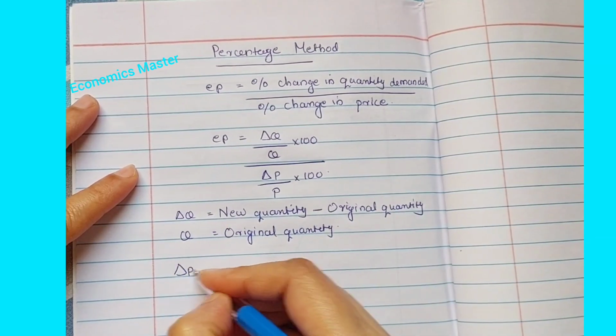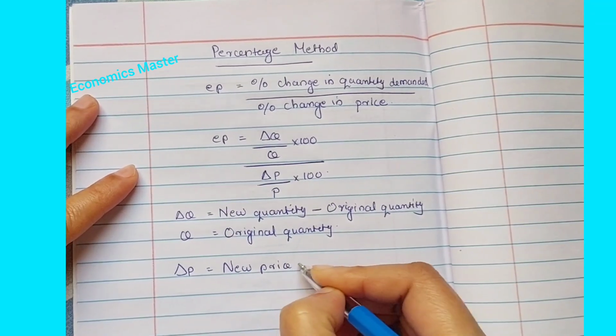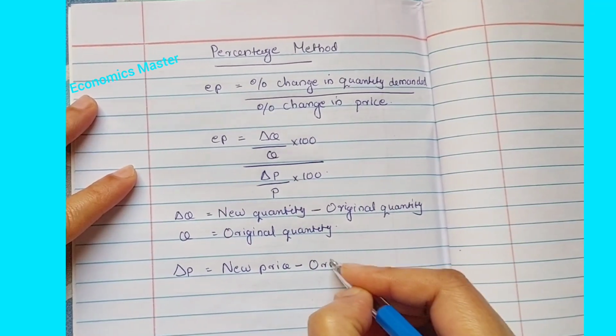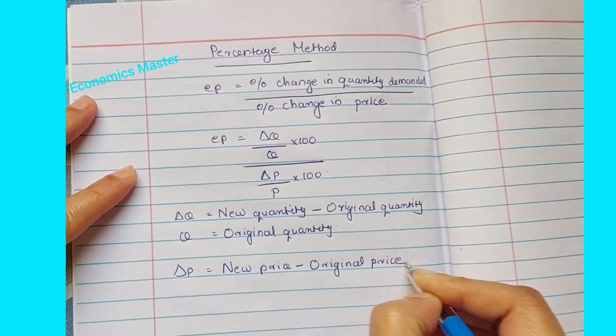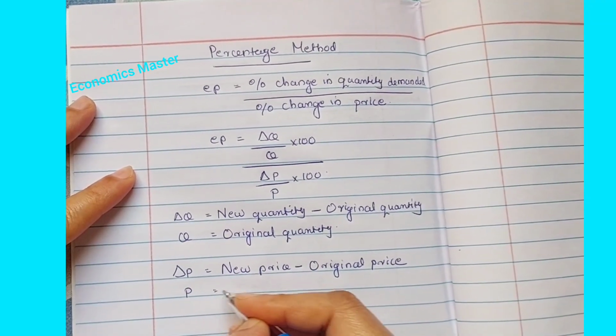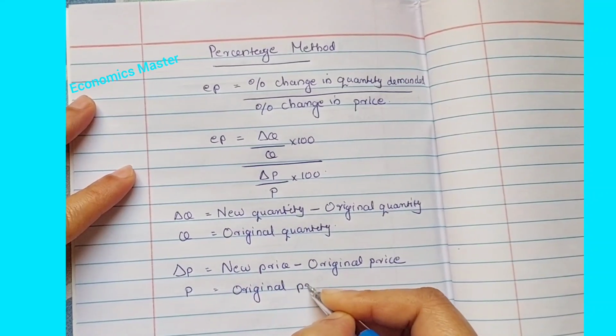Delta P means change in price level. New price level minus original price. P means original price.